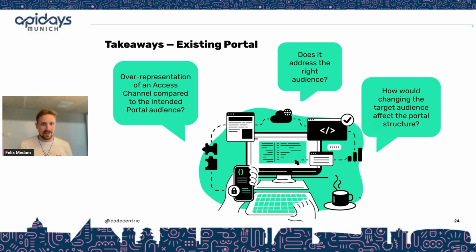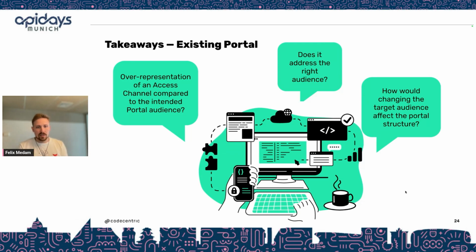And by that, obviously, you answer the question if your portal is addressing the right audience. And also, you can identify how a change in the target audience would affect the portal structure to still have coherent user journeys for this audience.